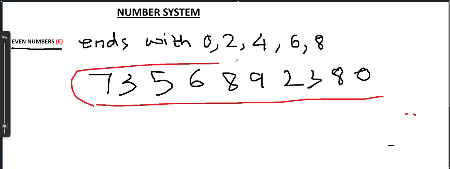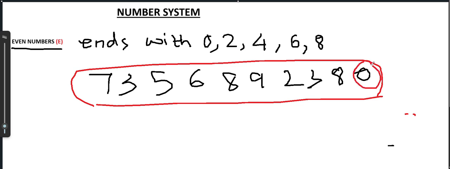Suppose you have so many candies, which is impossible, I know, but just to take an example, and I ask you, hey friend, do you have an even number of candies or an odd number of candies? What do you do in that case? It's not possible to divide it by 2, or if it is possible, it's going to take a long time. What to do in that case?